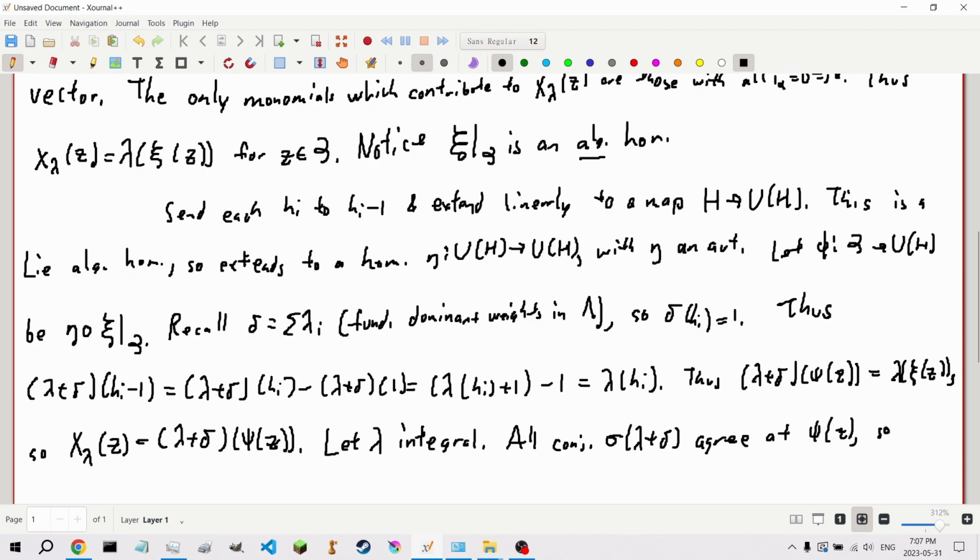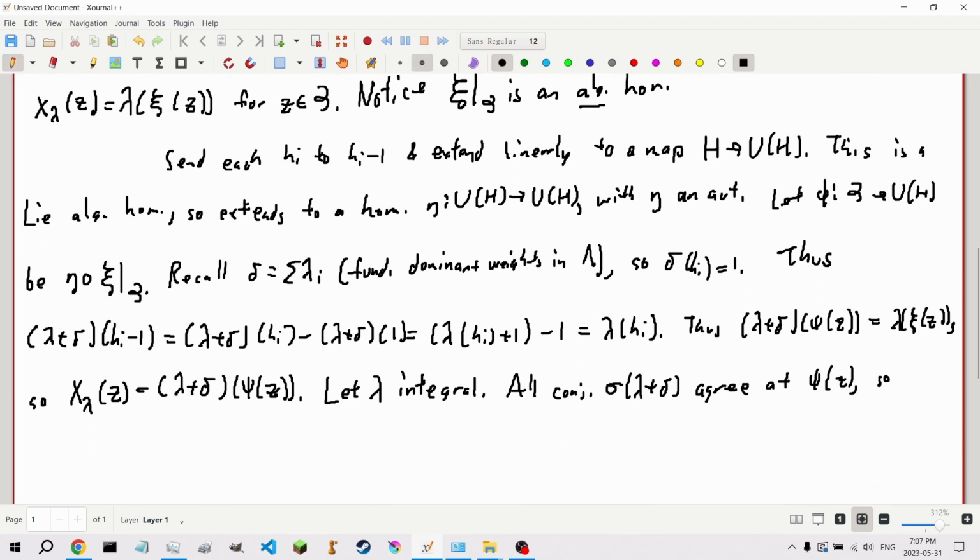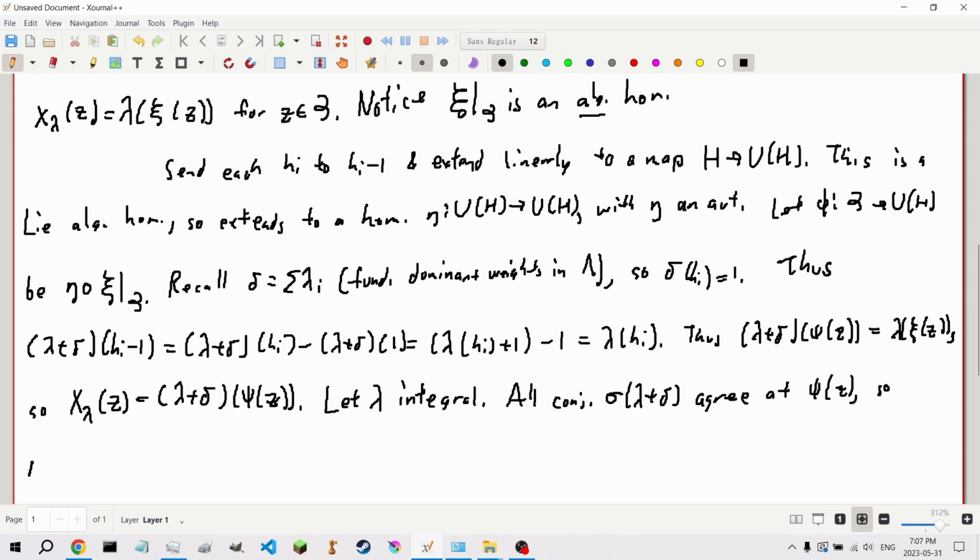Equivalently, letting mu be lambda plus delta, it takes the same value at all Weyl conjugates of psi of z.